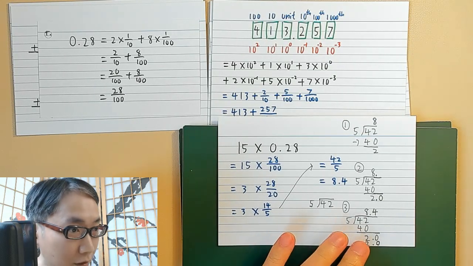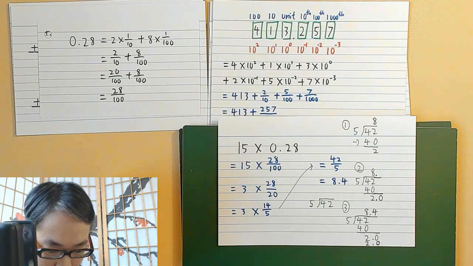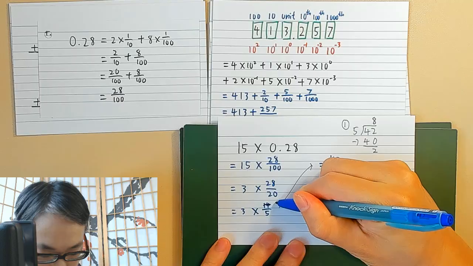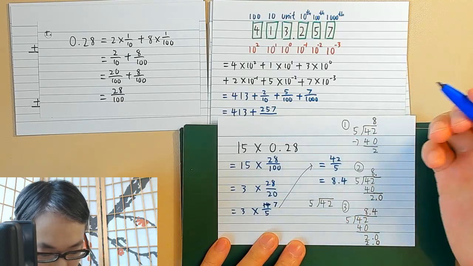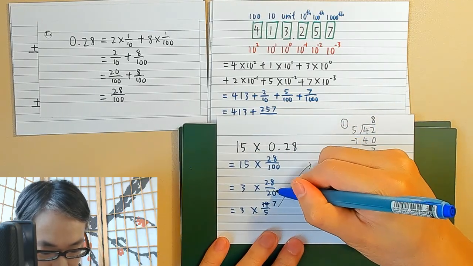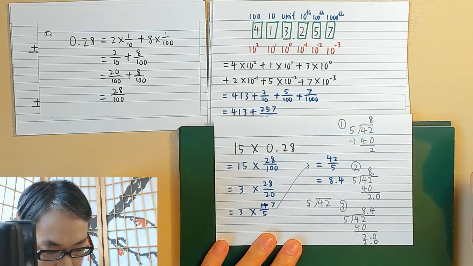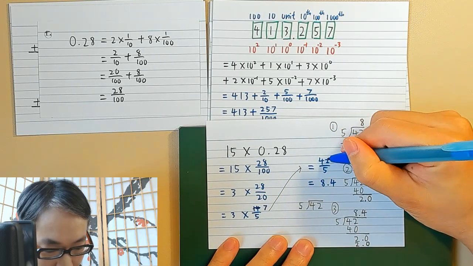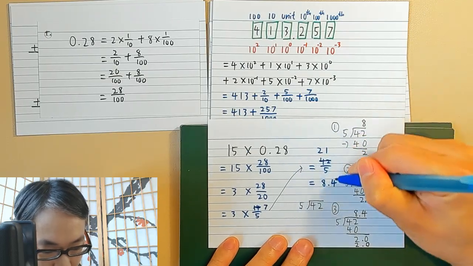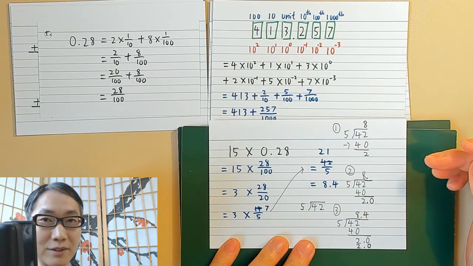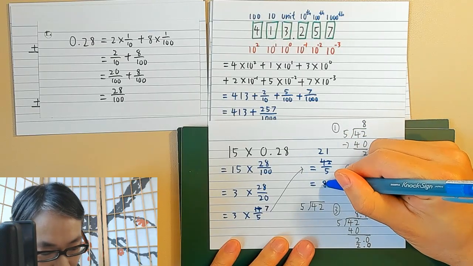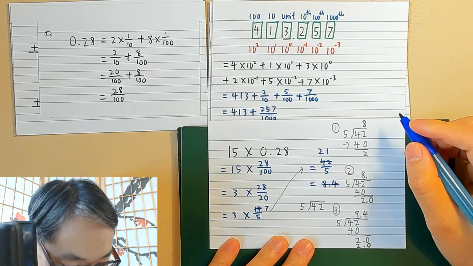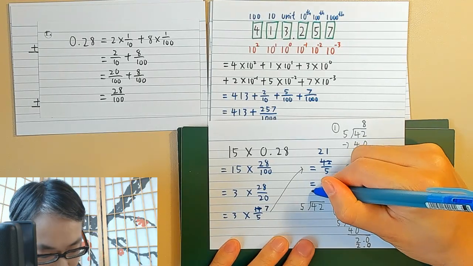So both are divided by 4. Then this becomes 7. And this 20 divided by 4 becomes 5. So it becomes 3 times 7 over 5. So this will be 21 over 5. Okay. So 21 over 5 is 4.2.